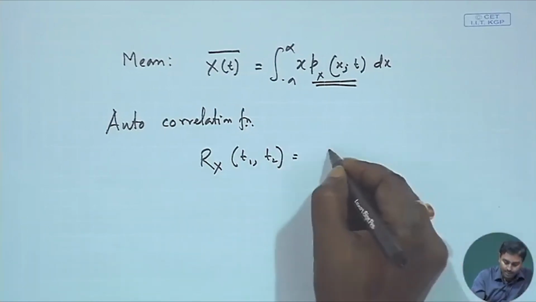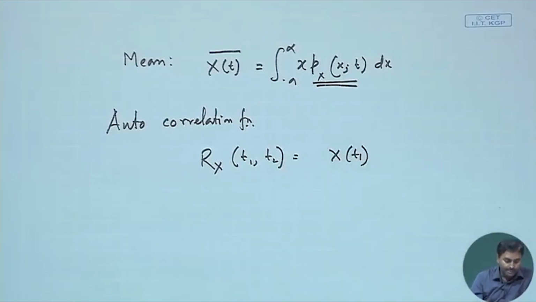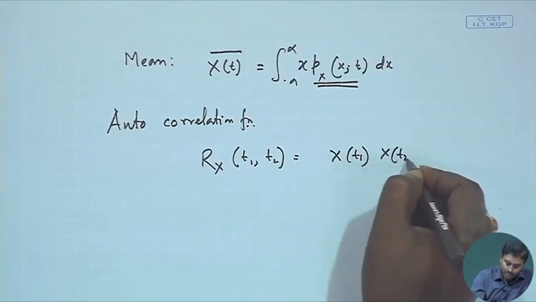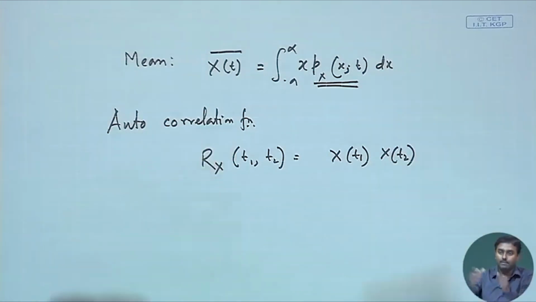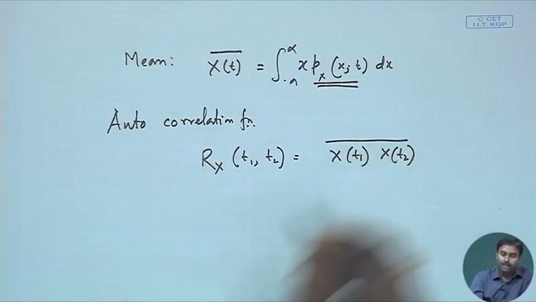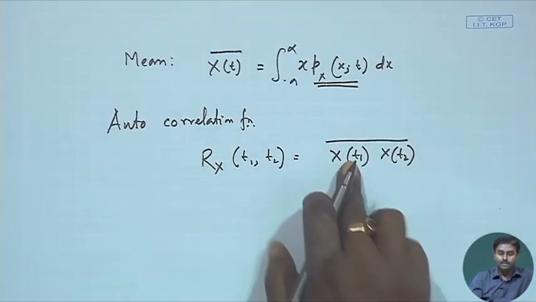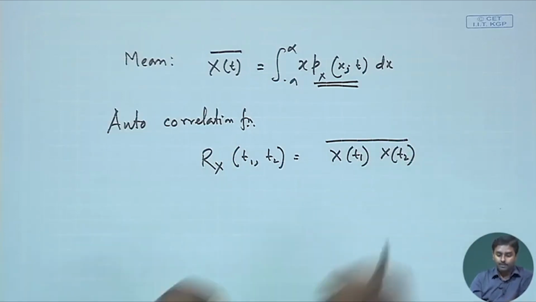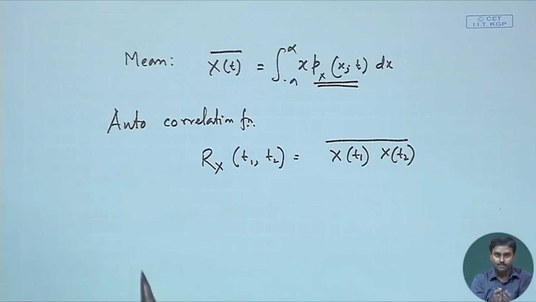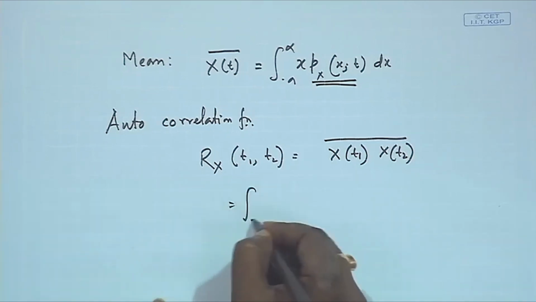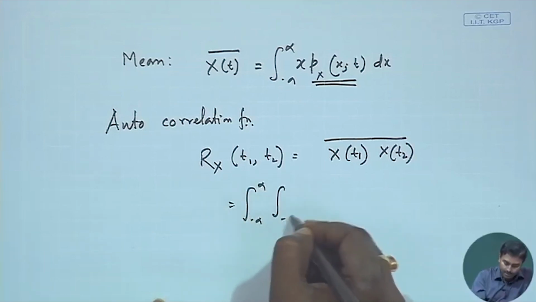So, at T1 I get x, at T2 I get x from the same random sample signal, I take that and I take the overall average. Remember, there must be a joint PDF and it is an average, so it should be a double integral, from minus infinity to plus infinity, minus infinity to plus infinity.